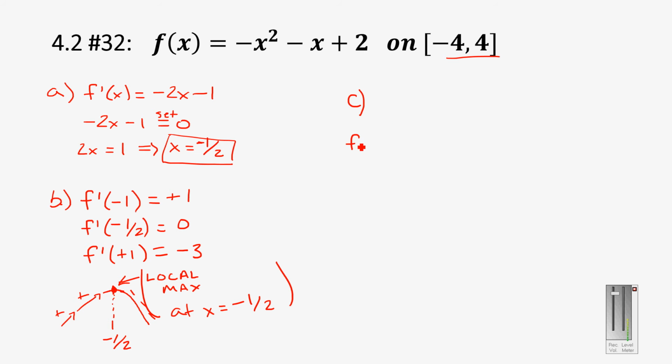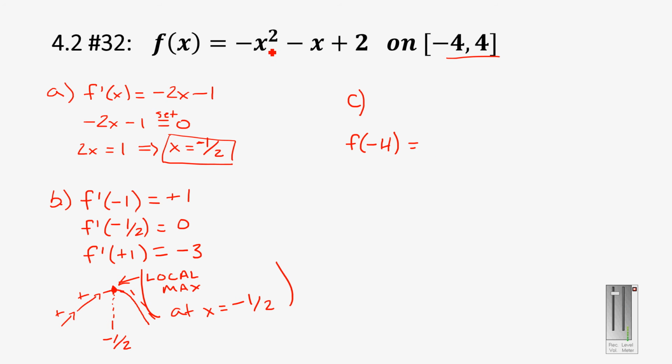So we're going to say, okay, f of negative 4, which is my lower end, equals negative 4 squared, which is negative 4 times negative 4, positive 16.